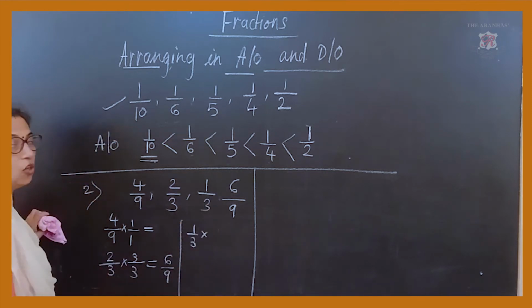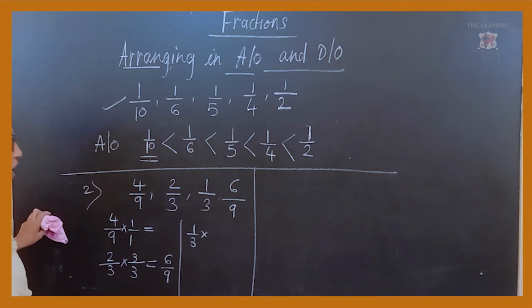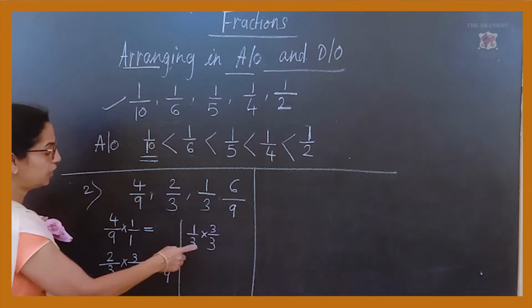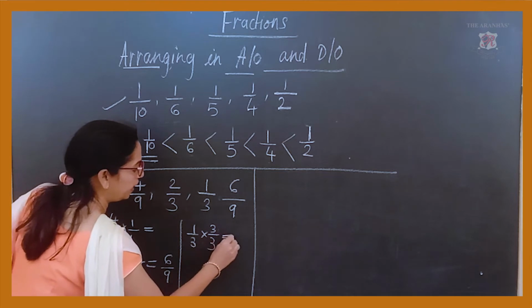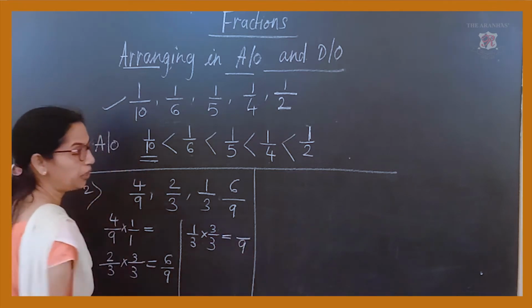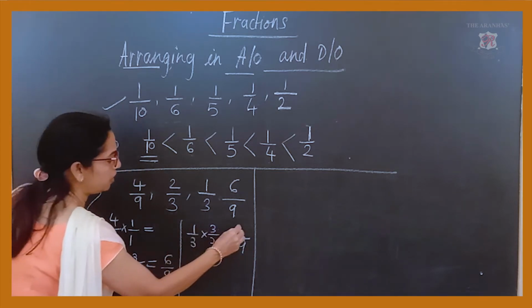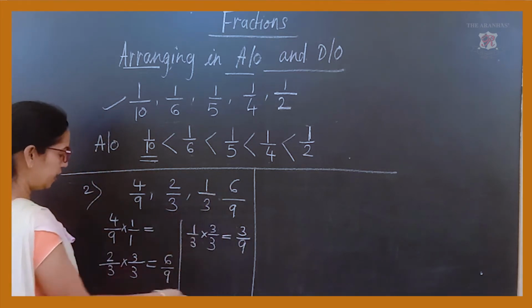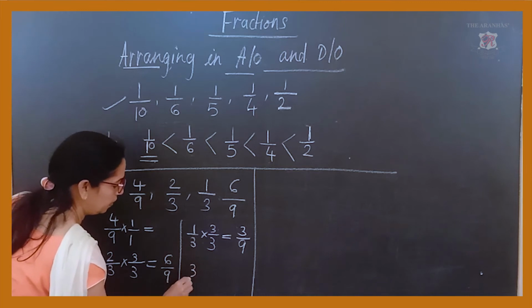Here again the denominator is only 3, and we have to multiply both the numerator as well as the denominator by 3 and get the denominator as 9, and 3 ones are 3. Again here we have 6 upon 9.